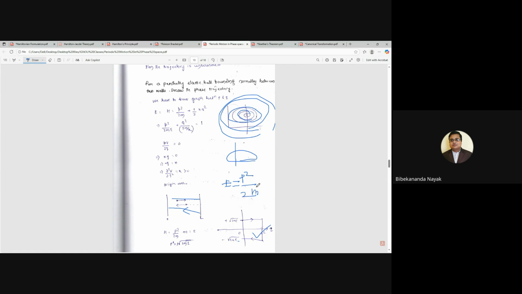Potential energy is half k q square, or half k x square. Phase space means q, p. It is an equation of an ellipse, x square by a square plus y square by b square equals 1, and q square is also an ellipse. Also from the potential, with k greater than 0, you can say it is an ellipse. Okay. Is it clear?